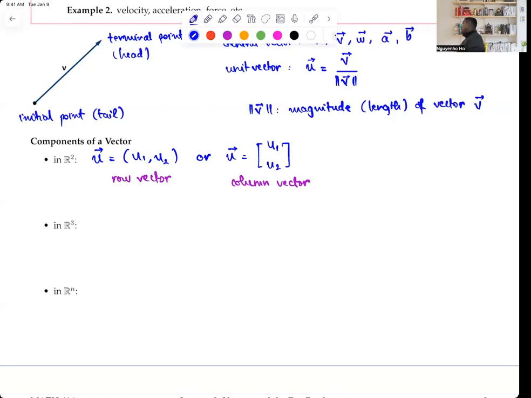Sometimes it can also be written as u equal to u1 i hat plus u2 j hat.